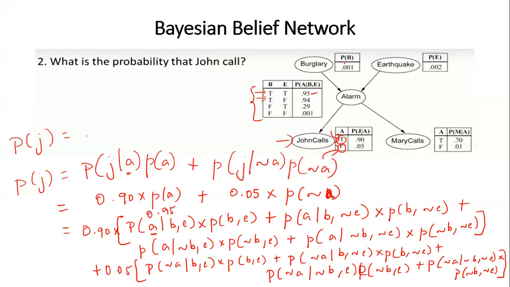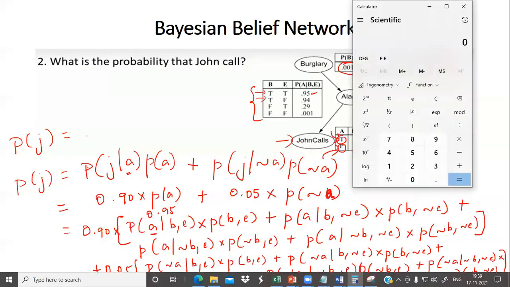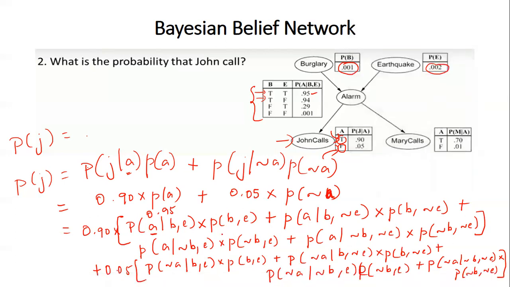The probability of having burglary is 0.001, earthquake is 0.002. So the probability of occurrence of both is 0.001 into 0.002, right? Which is nothing but 0.5502.